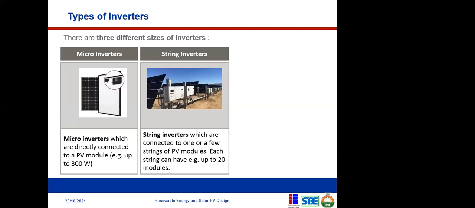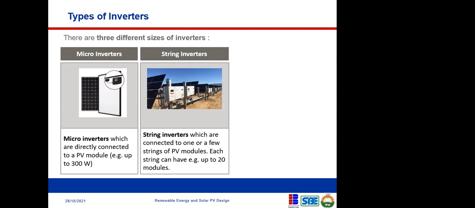So let us look at string inverters. When you connect a certain number of PV modules to one single inverter, that inverter is known as a string inverter. For example, if you have 20 PV modules and you connect 10 of them to one inverter, and then another 10 PV modules to another inverter, that is a string inverter.